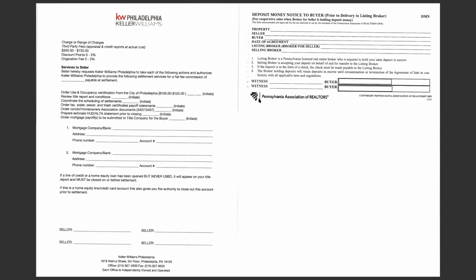On the next page, you're going to see, again, services. Oh, excuse me, that should say buyer and it says seller. So unfortunately, that's just a typo there. But the form is going to indicate we have a buyer form.